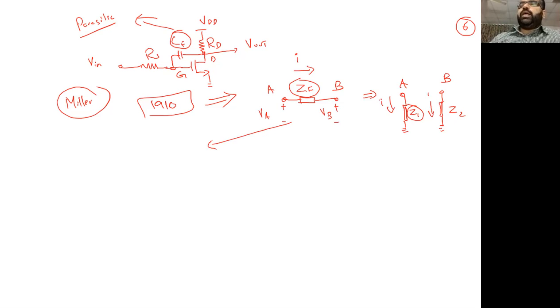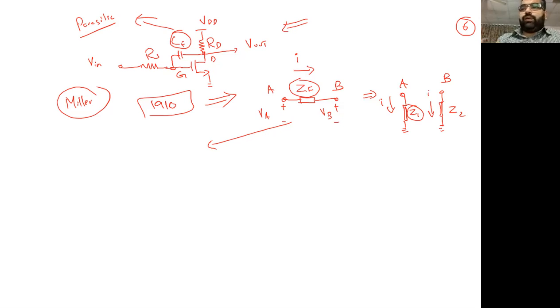If I apply this, what will be the value of Z1 and Z2 in the form of ZF? That is all we want to know, because CF is a known value. We want to know the values for Z1 and Z2. So let's do that math, and then we can apply it to this circuit.